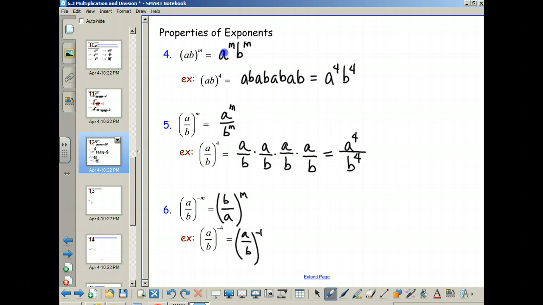Well, negative 4 is a negative 1 times fourth power. Negative 1 is actually a notation for reciprocal. So if we have a negative 1, it means take the reciprocal. This is b over a. And then this is raised to the fourth power. So a over b to the negative fourth becomes b over a to the fourth.